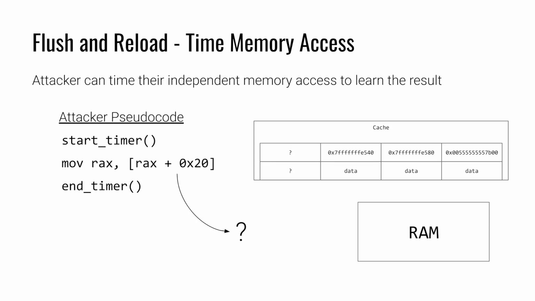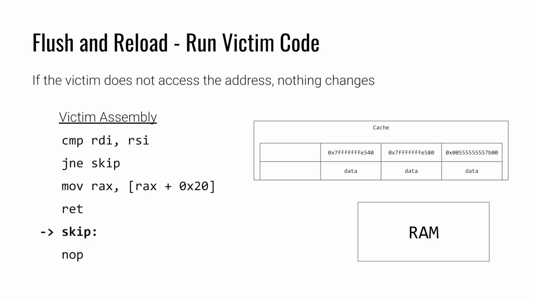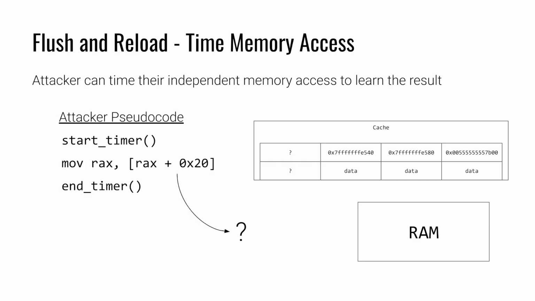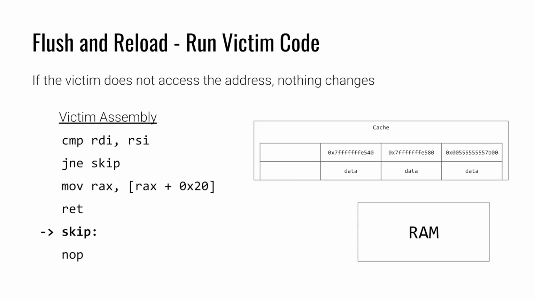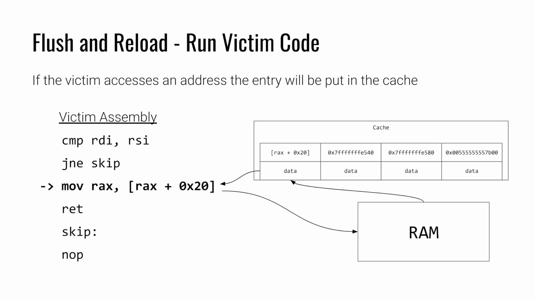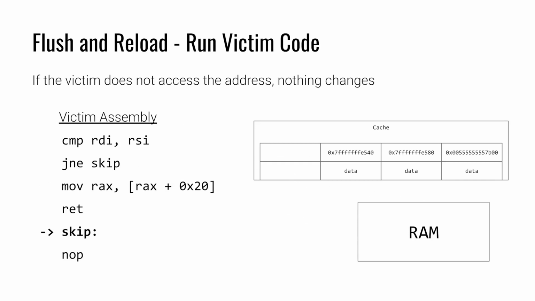The answer tells the attacker what happened in the victim assembly code. This is that clever intuition about what it means if something is in the cache. Because we have an idea of what the victim assembly looks like, we can apply a context to whether or not this cache entry exists or doesn't exist. The cache entry tells us what happened at this branch.